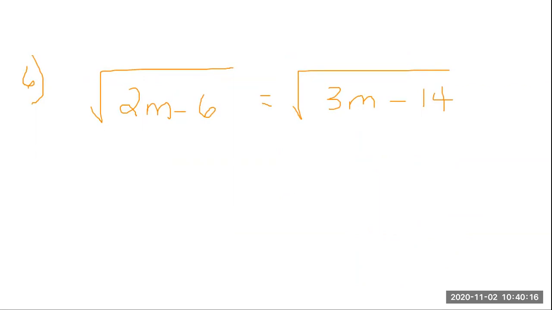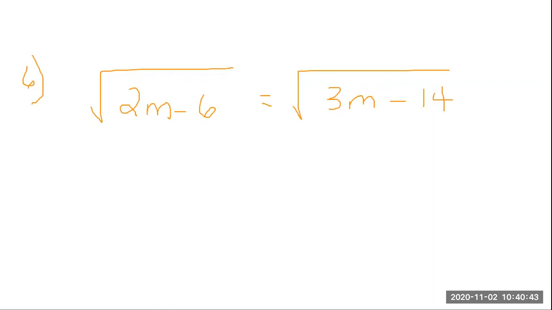Elijah, you said to do number 10. If you look at number 6 and number 10, they are very similar. So you do the same step. I need to get rid of the square root signs. Let me see who pops up. Annalise, you popped up. How do I get rid of the square root signs?